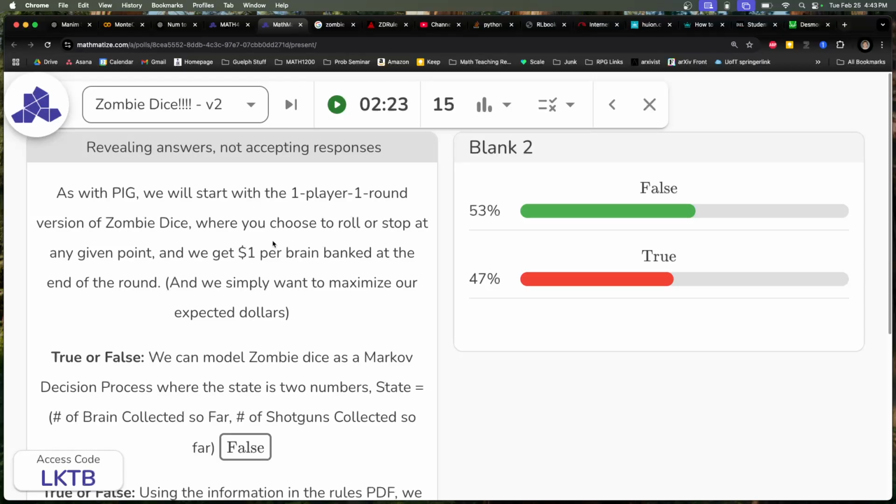Another example is anytime you do something in real life, there's always things in the real environment that you can't handle, that you don't know about, right? So if you were trying to learn something about a robot moving around a room, like a Roomba, the Roomba, of course, cannot know everything in the room, and so it's not Markov, but it is a partially observed Markov decision process. You can observe whatever the sensors of your robot can pick up.